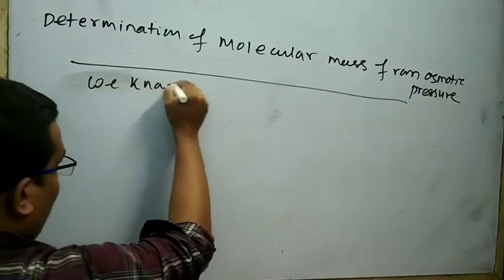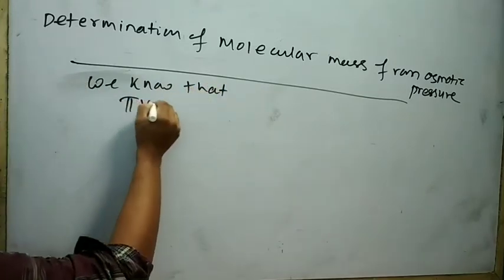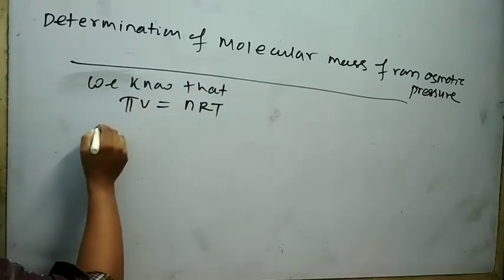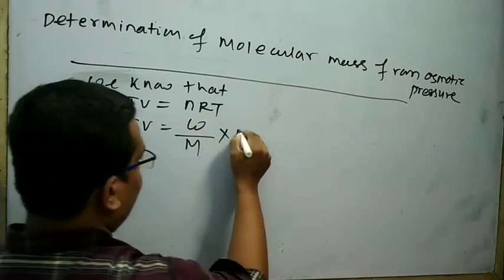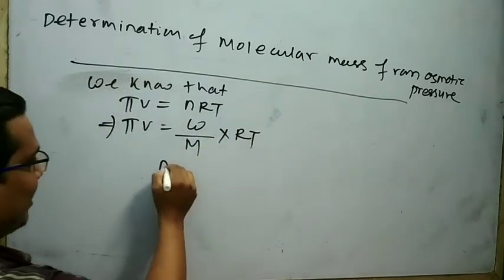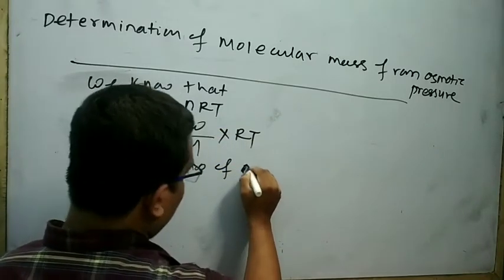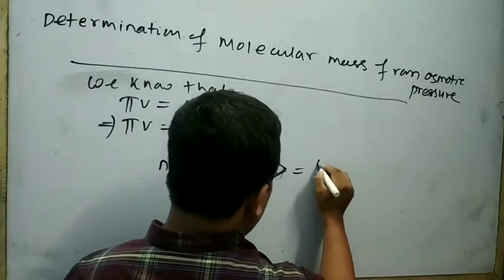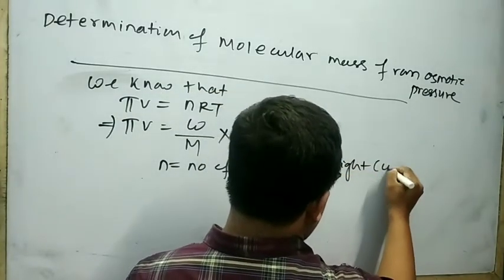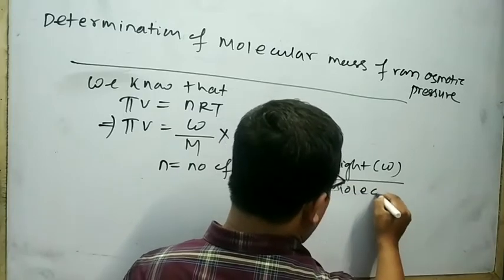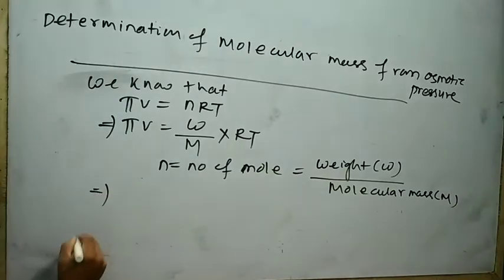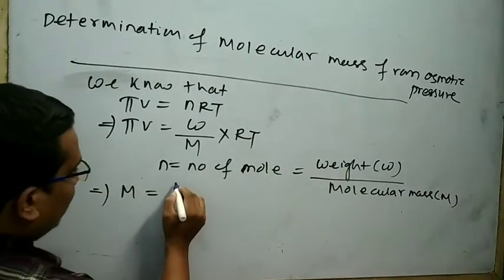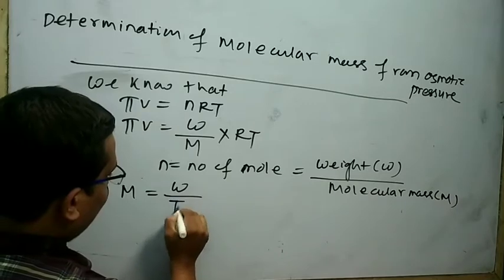We know that pi V equal to nRT, which implies pi V equal to W by molecular mass into RT, where n is the number of moles equal to weight W divided by molecular mass m. This implies I can write m equal to W by pi V into RT.